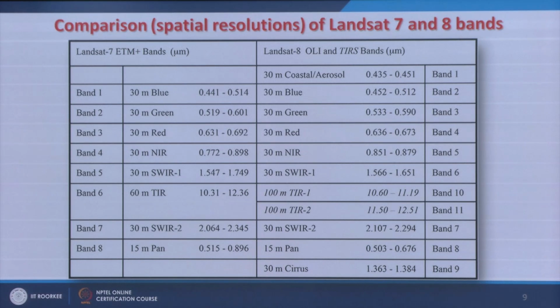Landsat 7 band 8 has 15 meter, and that is spatially reserved for panchromatic data, whereas in Landsat 8, band 8 has almost the same thing, but of course it has become further narrower.